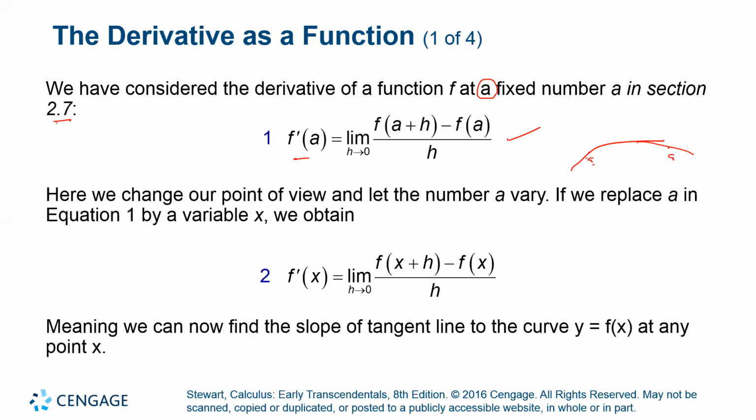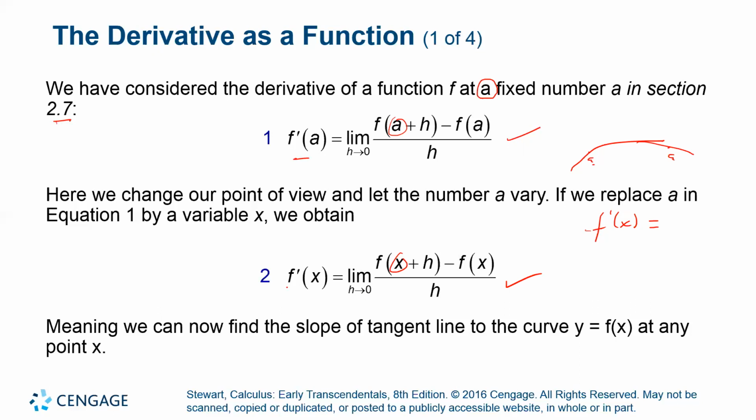So you see that the slope of the tangent is varying along the curve. So it is important to have a function that gives the slope of the curve in terms of x, so that when you know x on the curve, you'll be able to find the slope of the tangent easily. And so if you replace the a in this one with the word x, it becomes that.